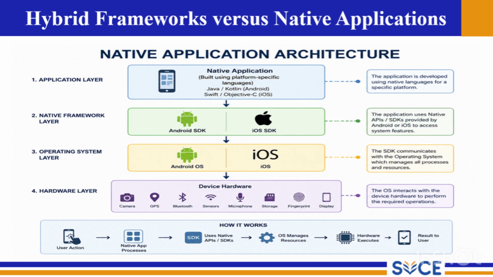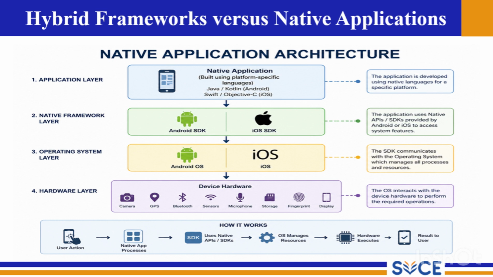Each layer has a specific responsibility, and together they ensure that the application runs efficiently and provides the best possible performance. Let us begin with the first layer, which is the application layer.